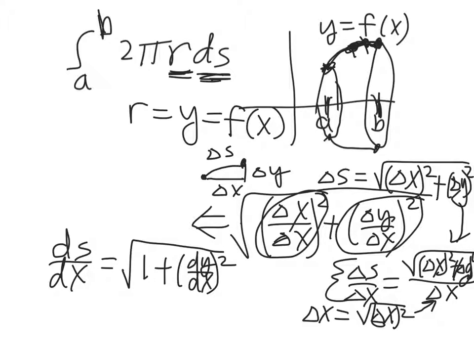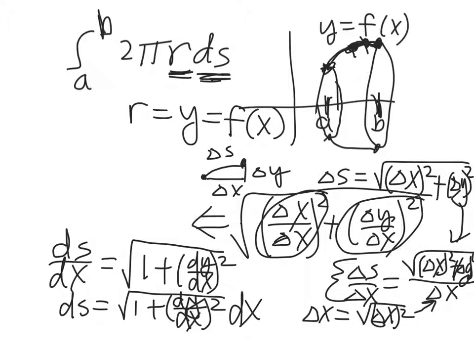So for the ds part, now we can look in terms of differentials rather than derivative notation. We multiply by the dx, and that's that. So again, looking at what we have here, for arc length, it is just the ds.